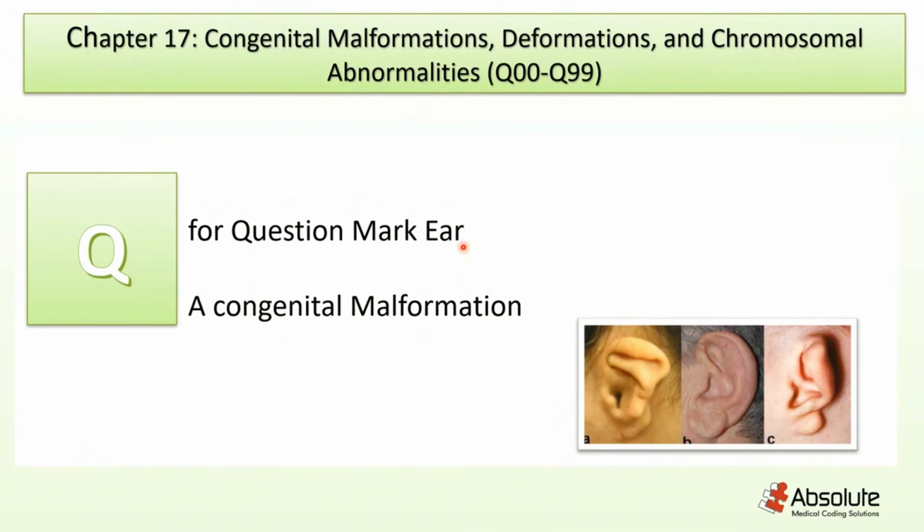A person can be born with question mark ear. That is a condition, a congenital malformation, and question mark begins with the letter Q. All right, so let's move on to Chapter 18.